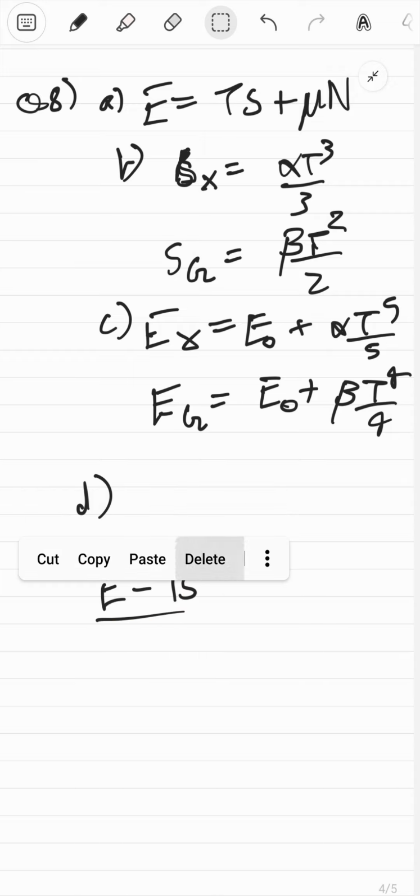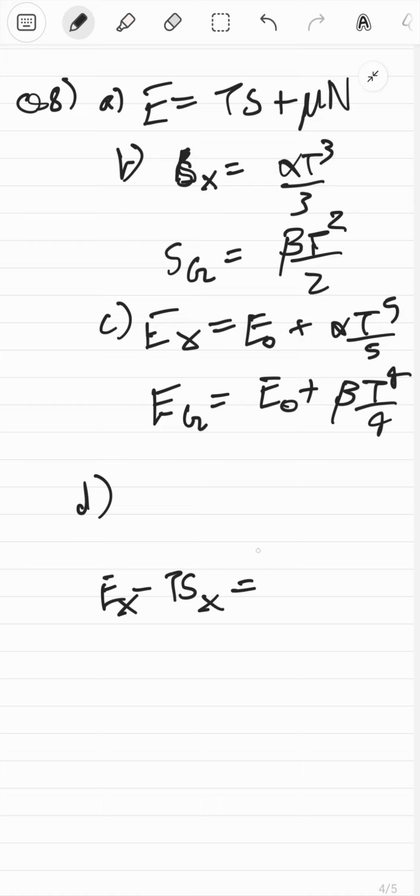So then what we want is essentially that Ex minus T, at Tm, is equal to Eg minus Ts. And we want equilibrium at constant pressure, but does the pressure really matter at this point? I don't know, but it should essentially be such that the entropy of the universe does not change.